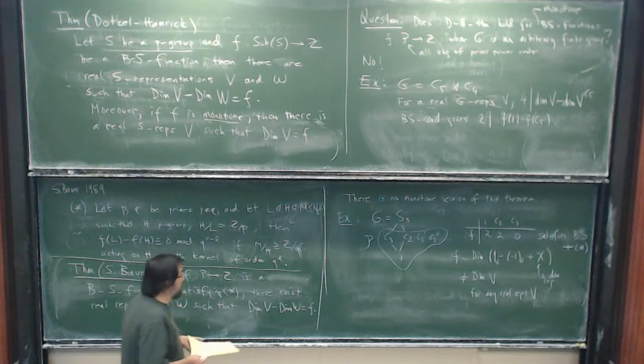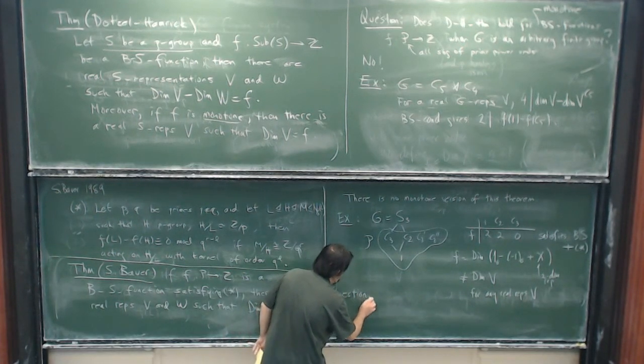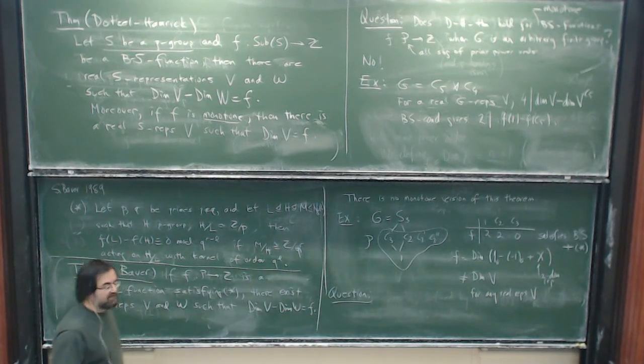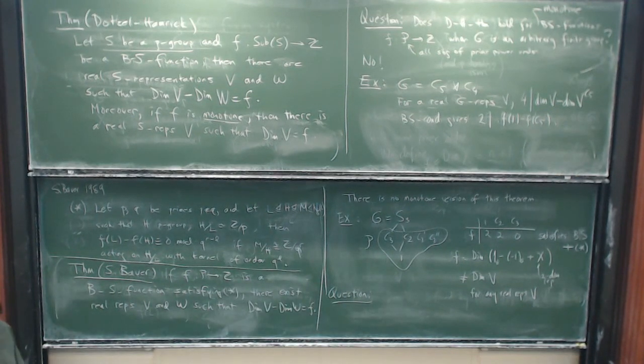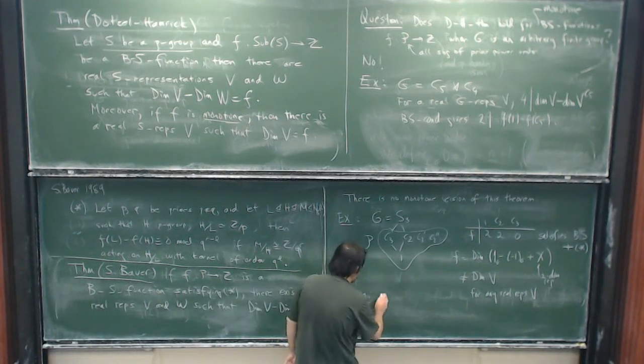So you can ask yourself this question: can I still do this by G homotopy representations? Can I still find a finite G-CW complex?